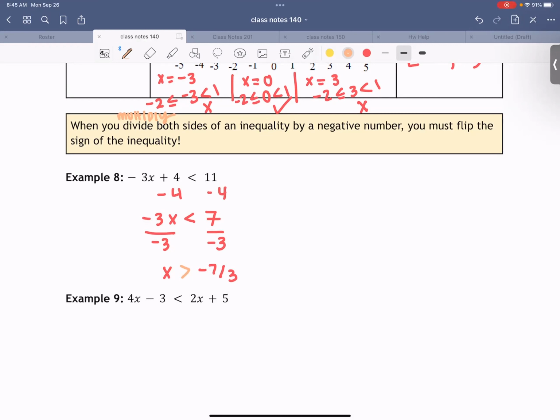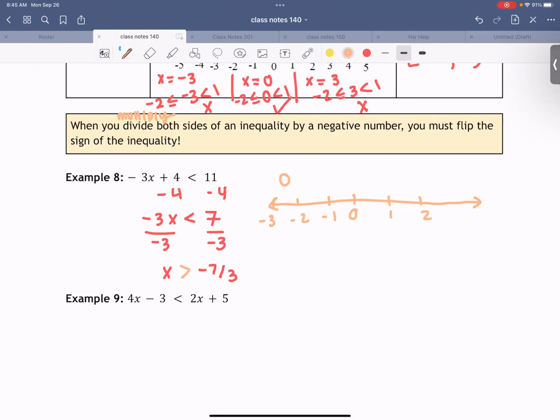Why don't we graph our answer and see how we write our answer in set builder notation. Okay, let me just draw a graph. Maybe we have 0, 1, 2, -1, -2, -3. I think -7/3 is around here.